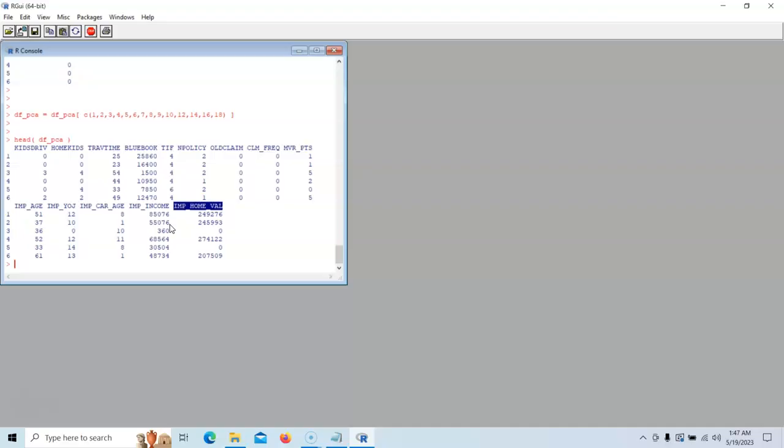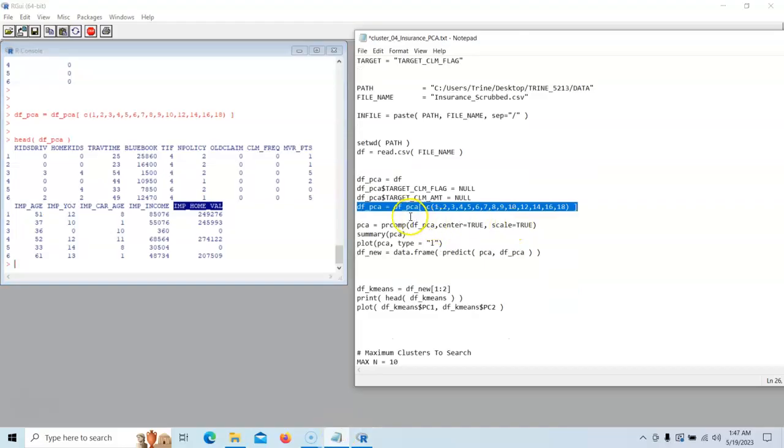But in the interest of time, another technique, a very good one, is to cluster principal components. So we're going to do principal component analysis of this data set that we just created, and we're going to scale it. We're going to ask principal component to please scale this data to plus and minus 3.